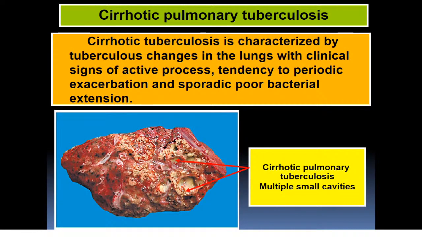Cirrhotic tuberculosis is characterized by tuberculous changes in the lungs with clinical signs of an active process, tendency to periodic exacerbation, and sporadic poor bacterial excretion. In cirrhotic pulmonary tuberculosis, multiple small cavities can form. You can see these cavities in the connective tissue on a macro preparation in this photo.